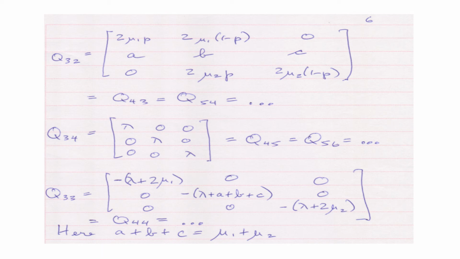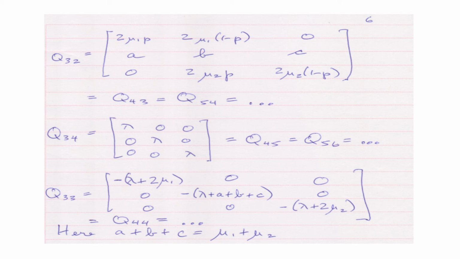We do that later. Q34 is going to repeat itself at Q45 and Q56. After we have Q32 and Q34, then we can find Q33, which is set up so that the rows will sum to 0.